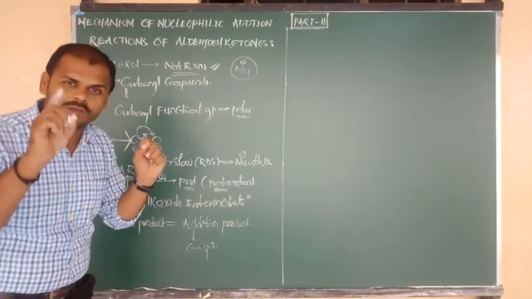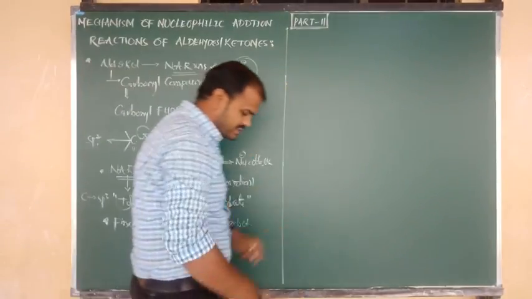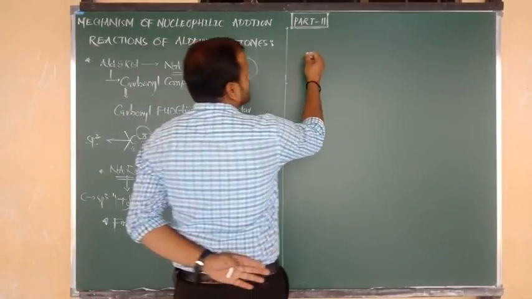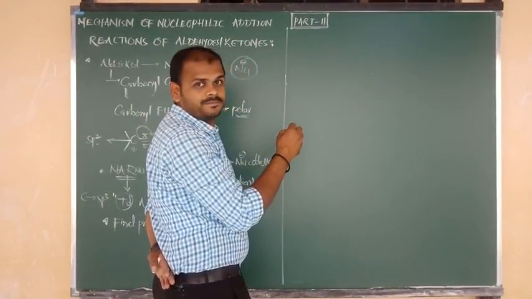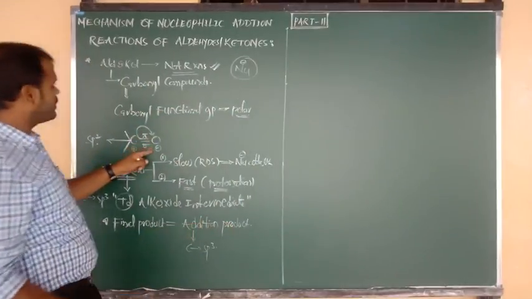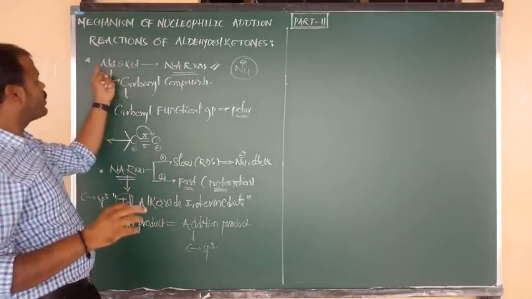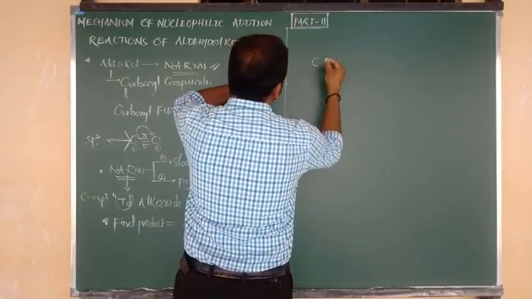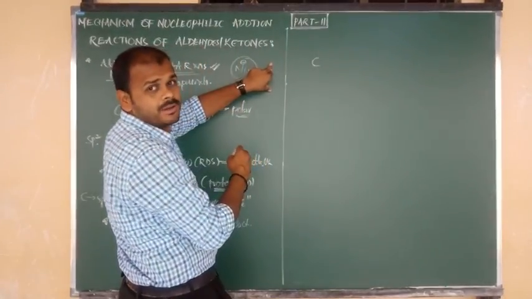Now that mechanism you have to practice. We will discuss the mechanism. First of all I am going to consider the carbonyl functional group, nothing but aldehyde and ketone, their common formula, the carbonyl functional group. First of all here I have taken carbon.